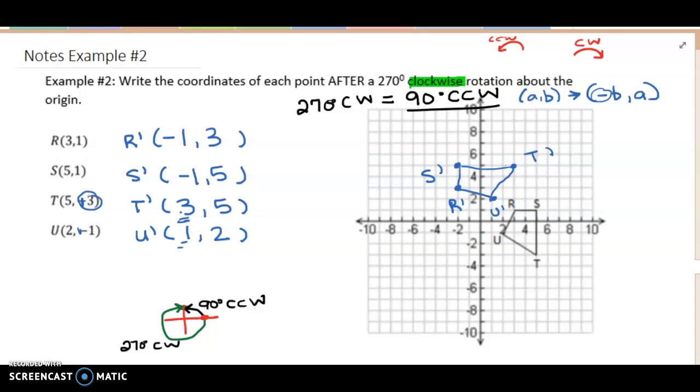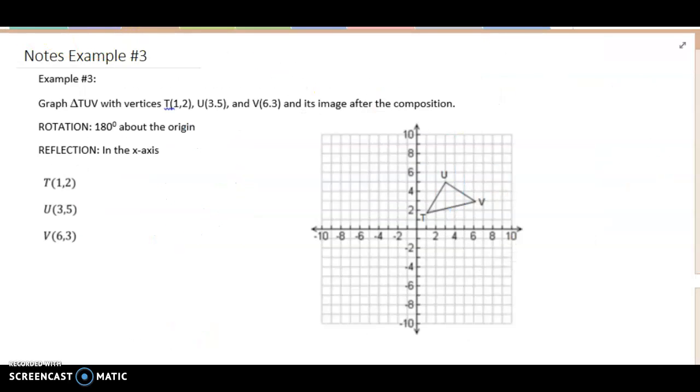After you plot those new points, you should get something that looks like this. Hopefully yours has straighter, neater lines. But do note that the pre-image, which is this because it came first, and the image, which is this, are congruent figures because these are rigid motions.